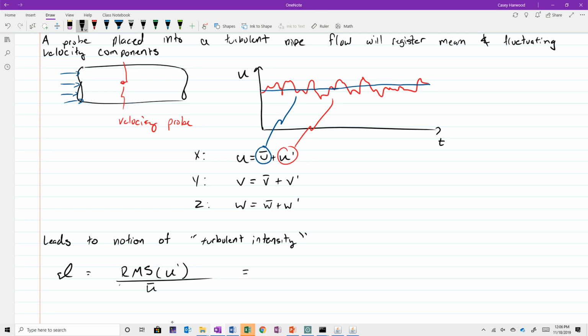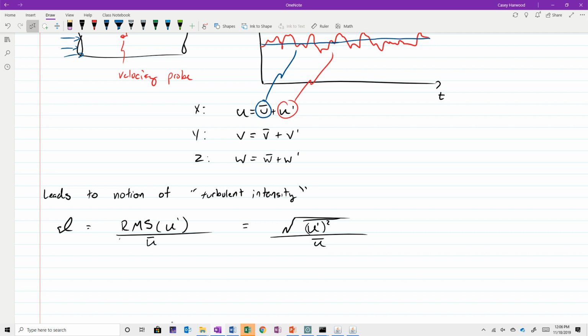So it's the square root of u prime squared, averaged, all over u mean. In a way, it's saying how much of the kinetic energy in a flow is focused in this fluctuating part, and how much is focused in the bulk average flow.